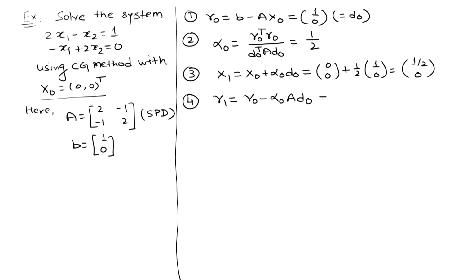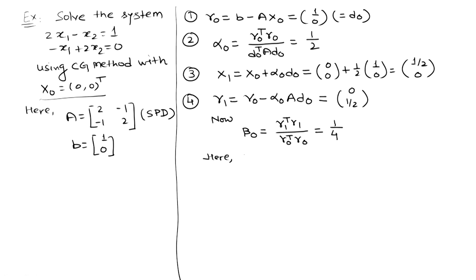If I calculate it, I have r0, alpha0, d0 as well as A with me, so I will have (0, 1 by 2). Now, once you have r1, calculate beta0, which is r1 transpose r1 upon r0 transpose r0, and it comes out to be 1 by 4.